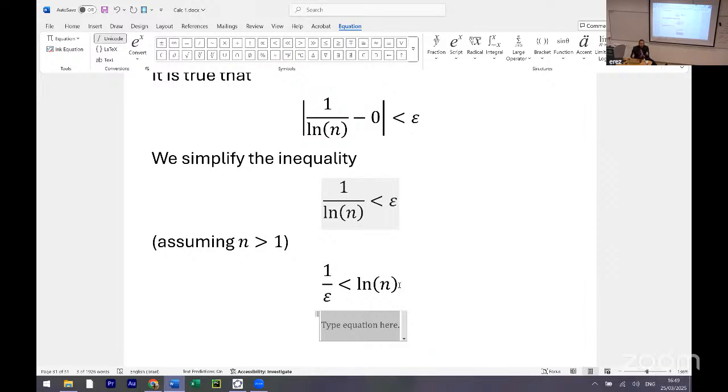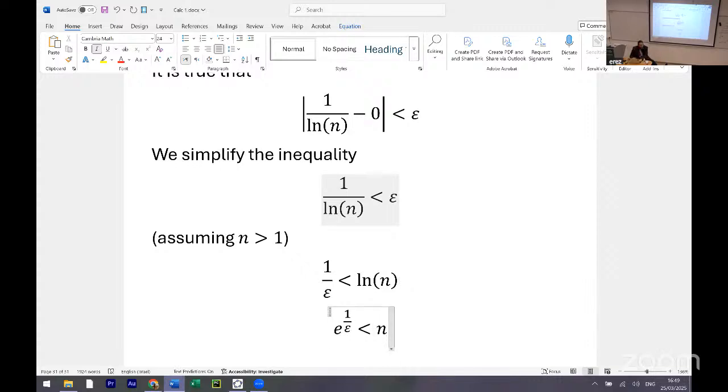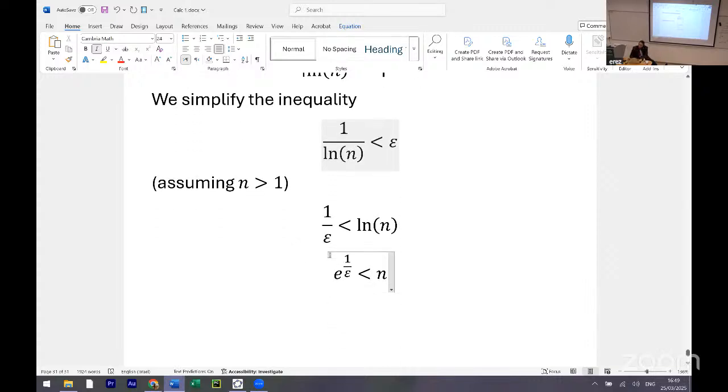You put both sides to the power of e. Then e to the power of 1 over epsilon is supposed to be smaller than n. And does it make sense to you that n would be larger than e to the power of 1 over epsilon?